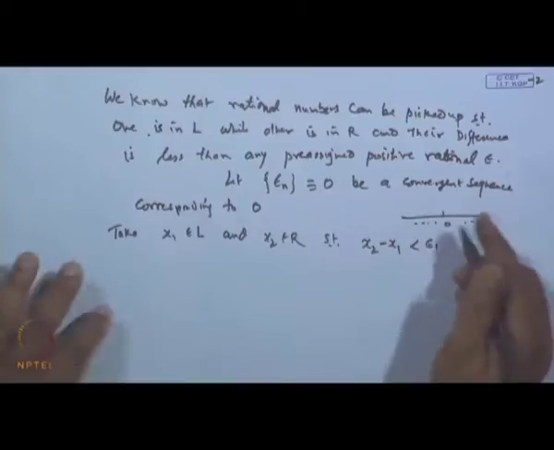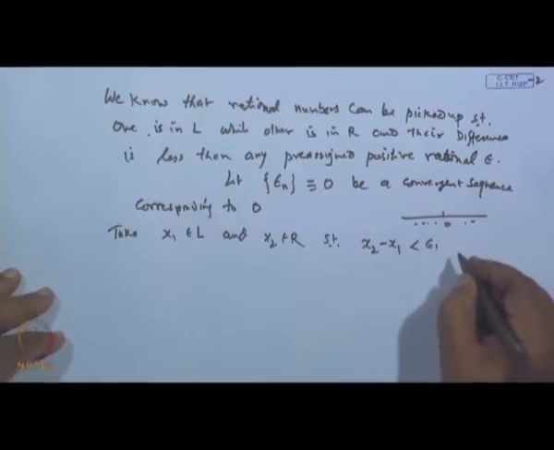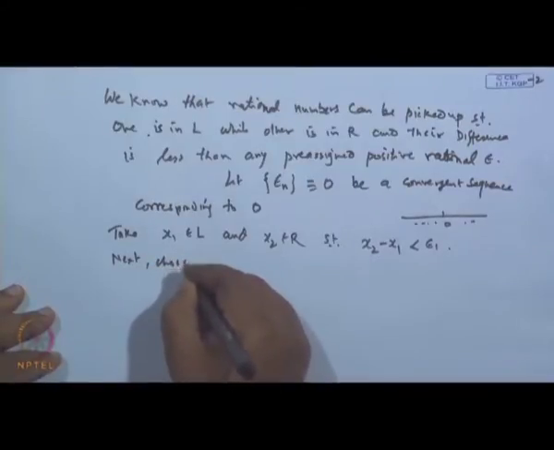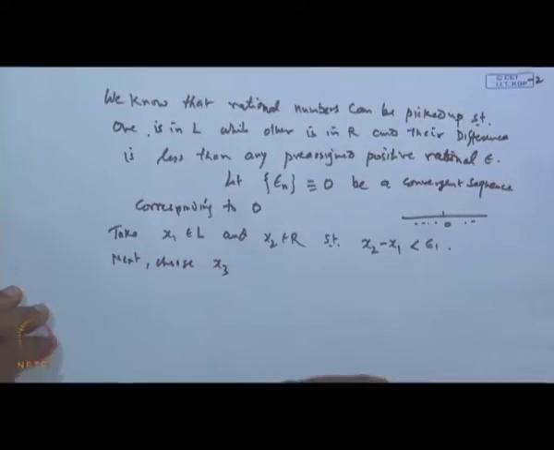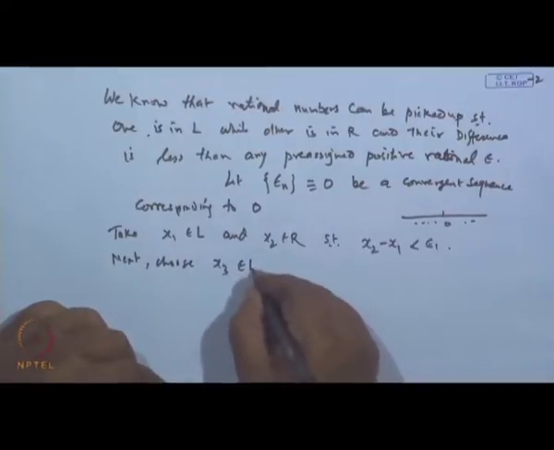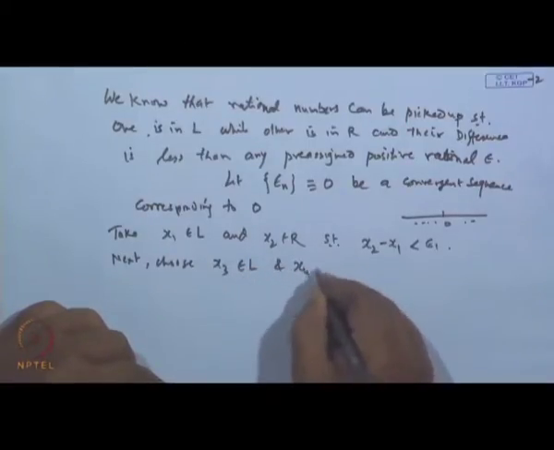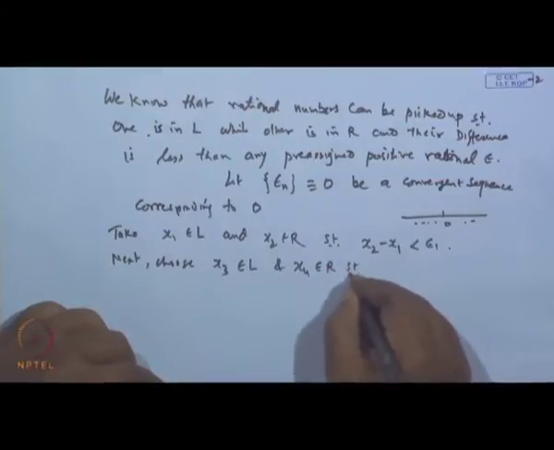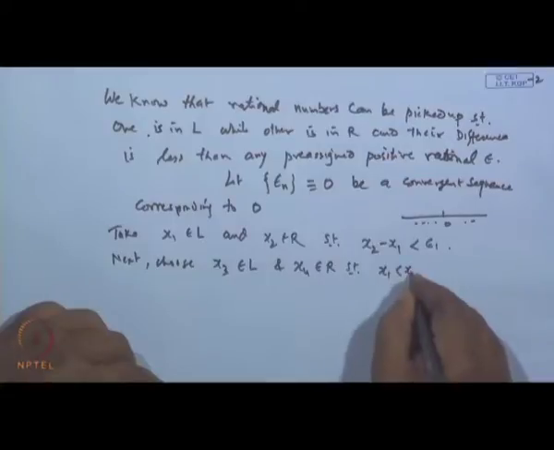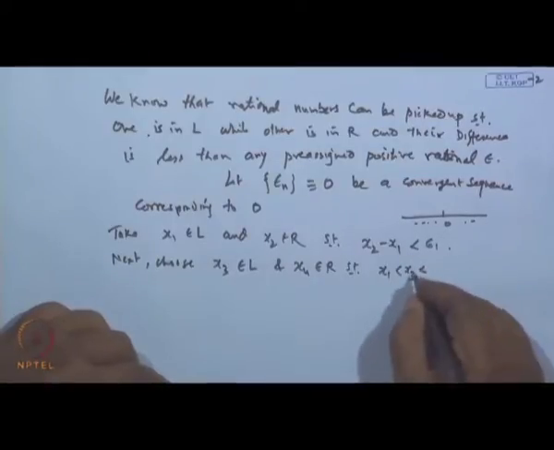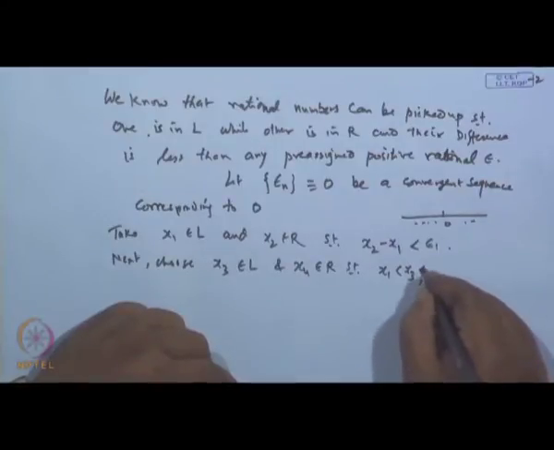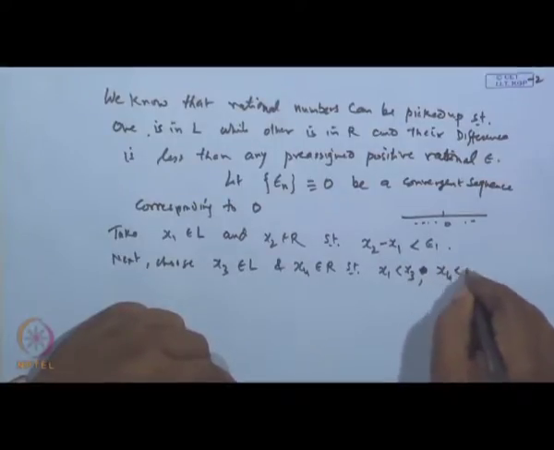Now, choose another one. Next choose x 3 in L and x 4 in R, such that x 1 is less than x 3, less than x 4, and x 4 is less than x 2.